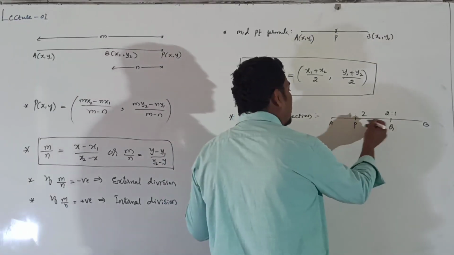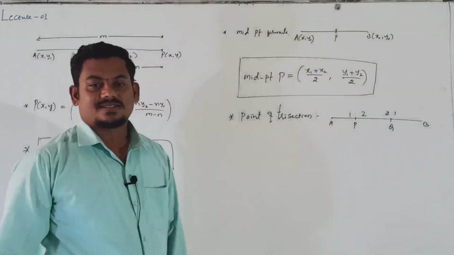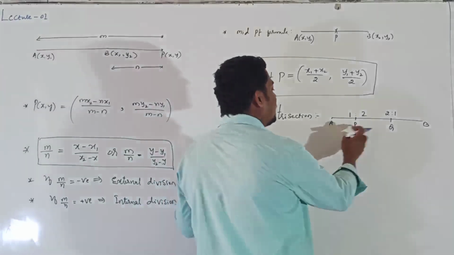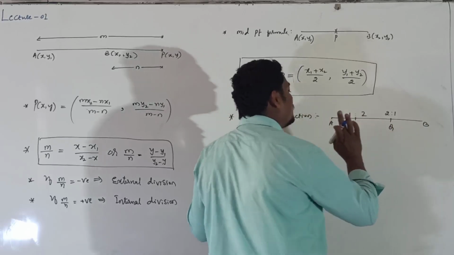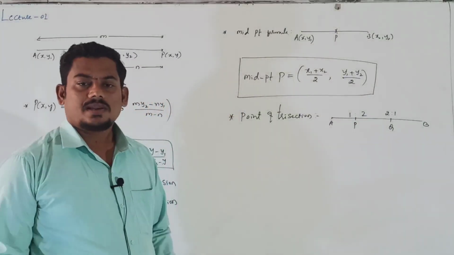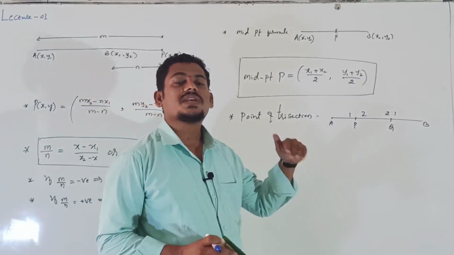If P and Q are points of trisection of AB, then the midpoint of AB is the same as the midpoint of PQ. Remember this point, and this point is also given in your material.